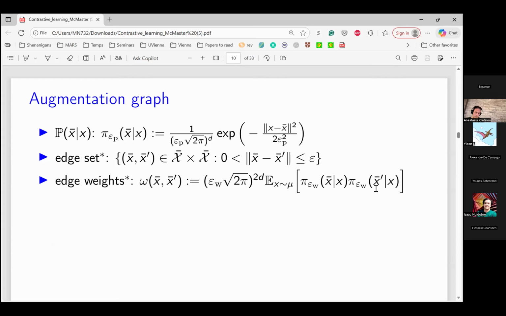Here I multiply these two quantities. The first quantity tells me how likely X bar is generated from X, and the second quantity tells me how likely X bar prime is generated from X. In other words, the product of the two tells me the likelihood that X bar and X bar prime form a positive pair. Then I average over all original data, expectation with X following mu.